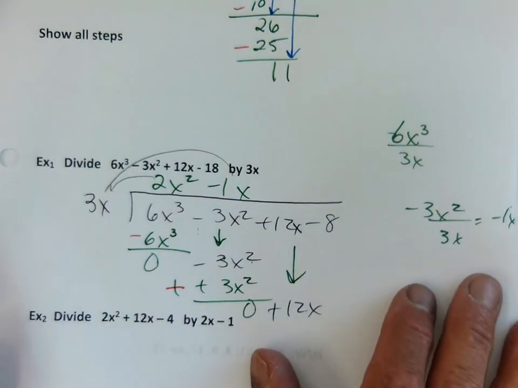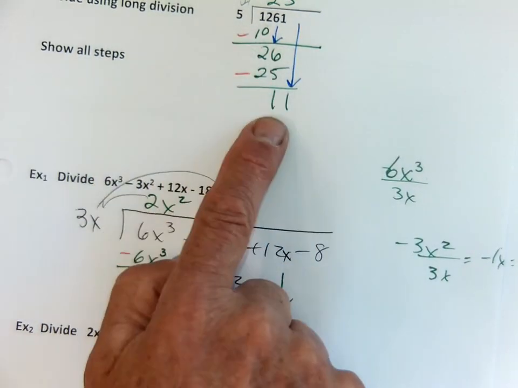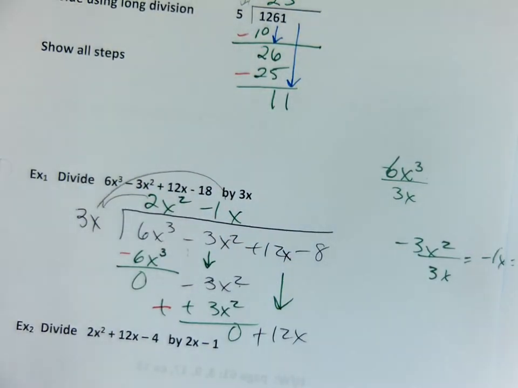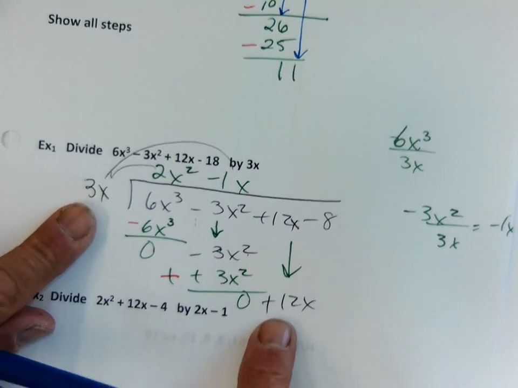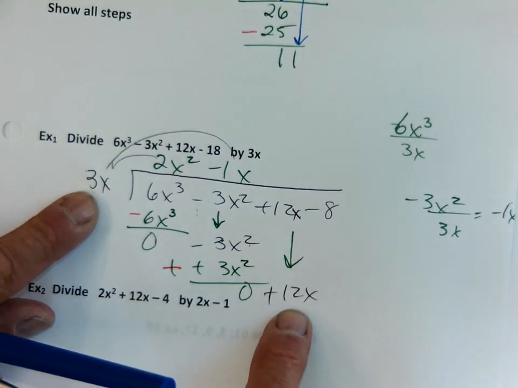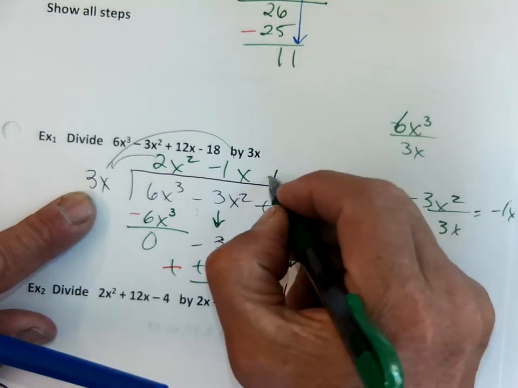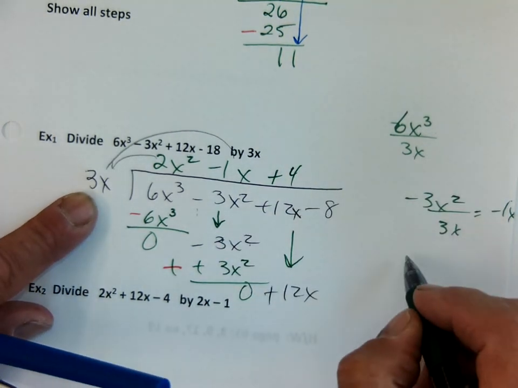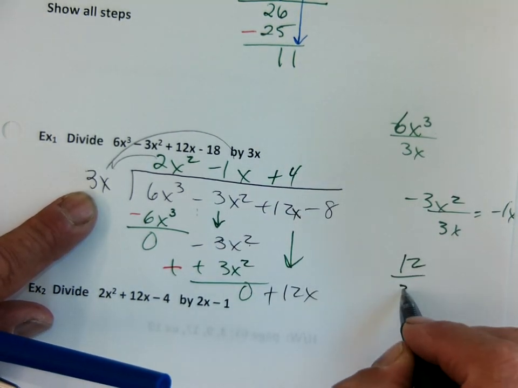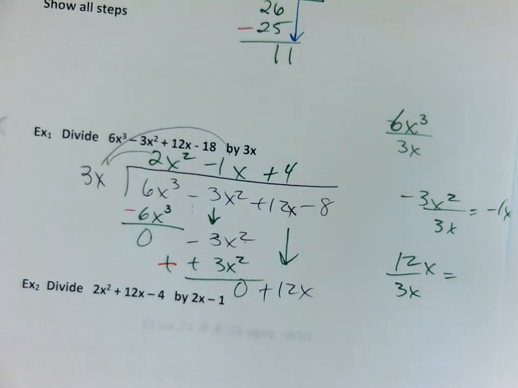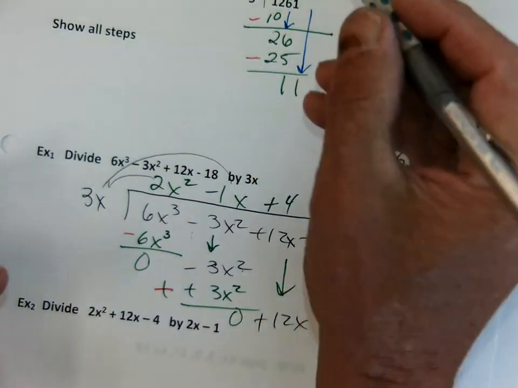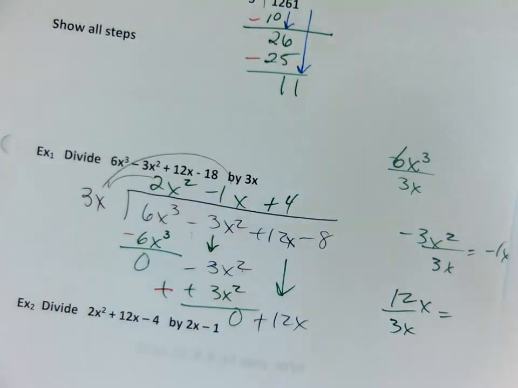Okay, and then same thing up here, 5 goes to 11, 2 times, right? Down here, 3x goes into 12x, 4 times, positive 4 times. And again, if you need to do a little division on the side, you can. Some kids like to do the division on the side. You can see that that's obviously going to be 4. And then back up here, you go 2 times 5, which is 10.